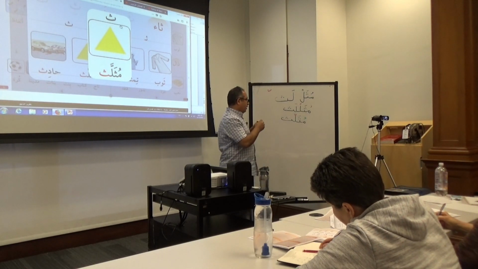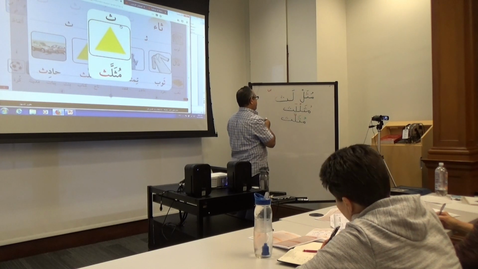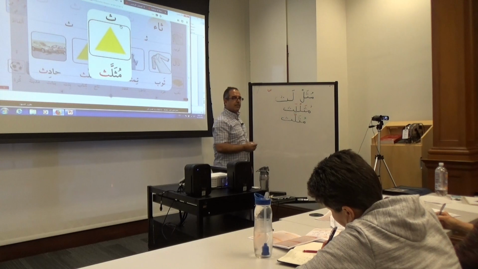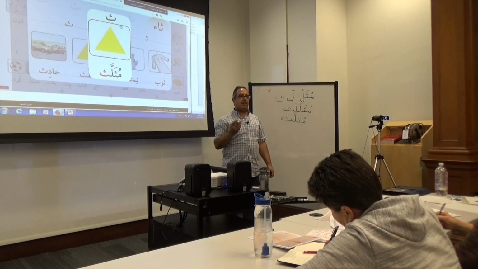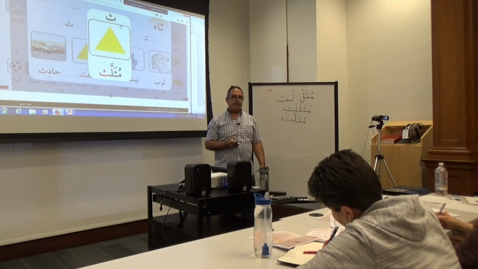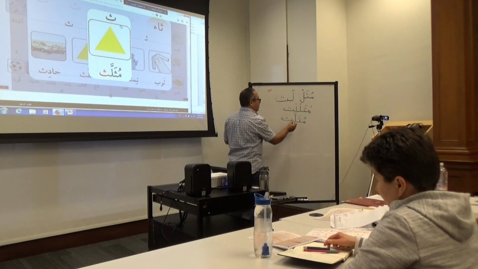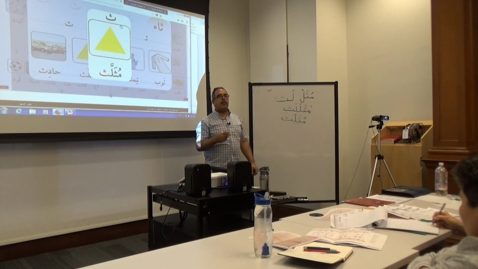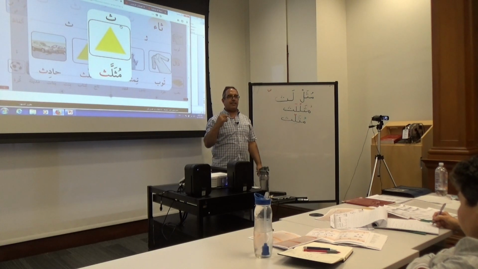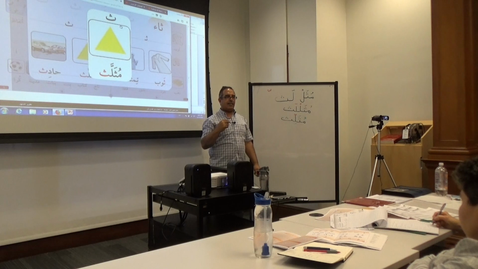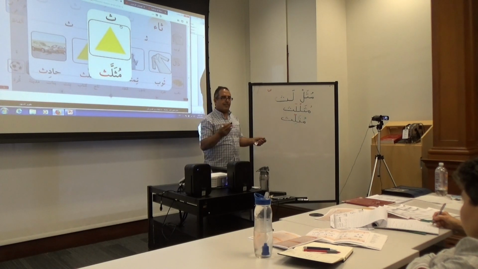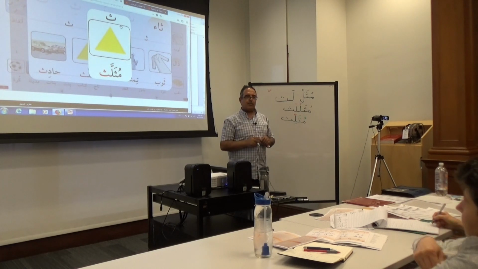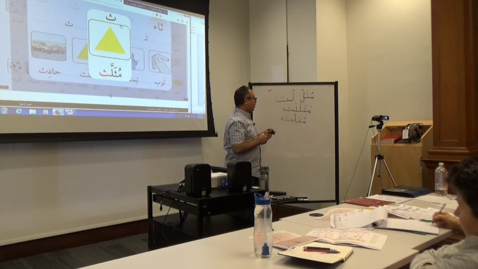So let's say if this was not a fatha, this was a dhamma, it will be muthal lu, exactly. And if it was underneath and there's nothing here, it will be muthal li. There's no word like that, but that's how we pronounce it.